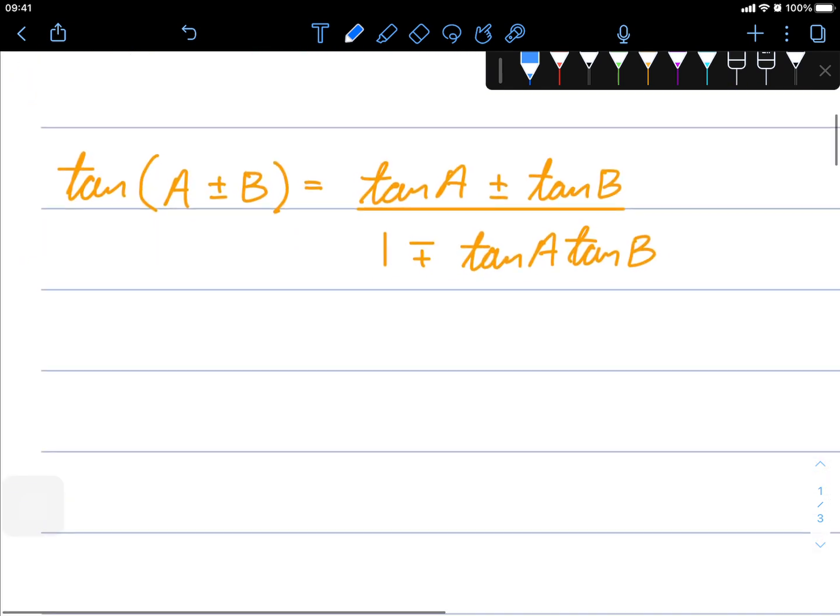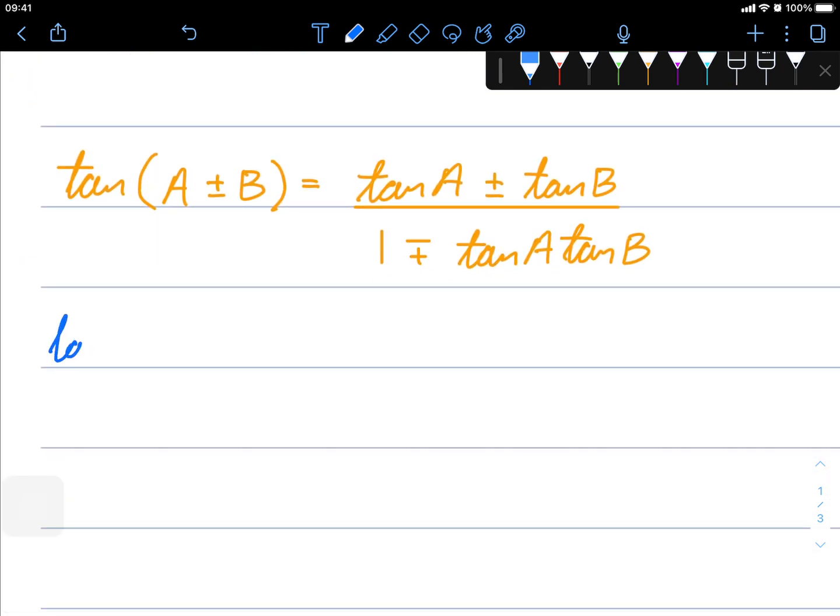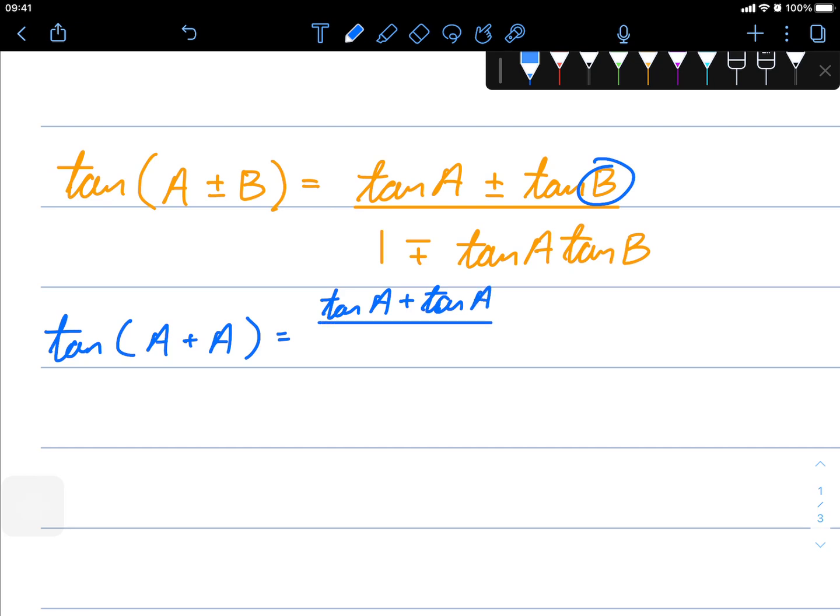The last thing can happen for tan as well. So tan of a plus a, this can be written as tan a plus tan, instead of b, it is now a, all over 1. Since it's plus, we must take the minus.